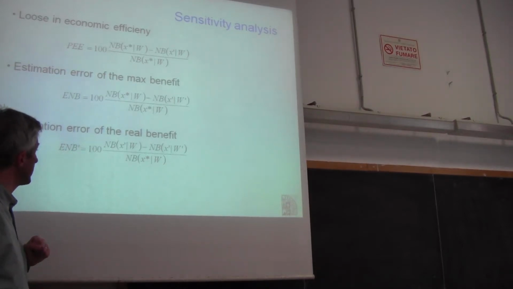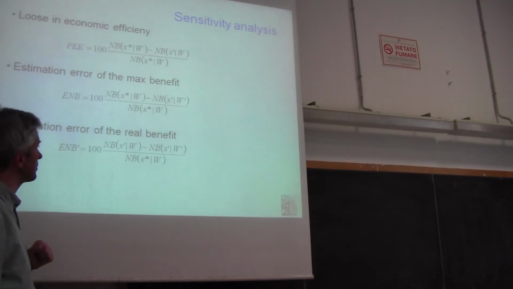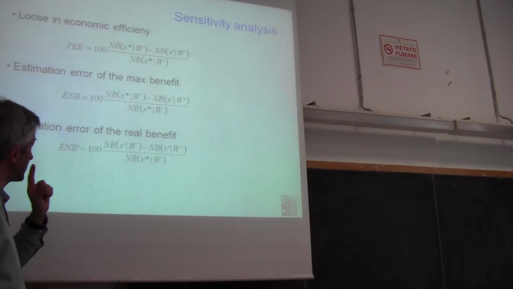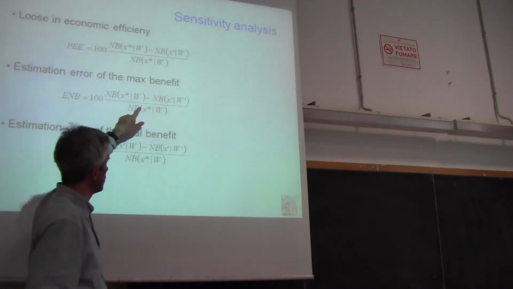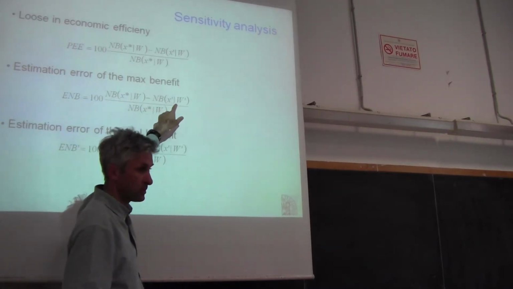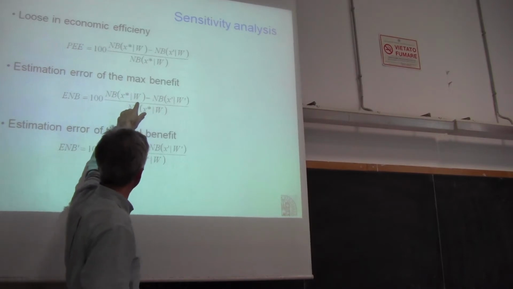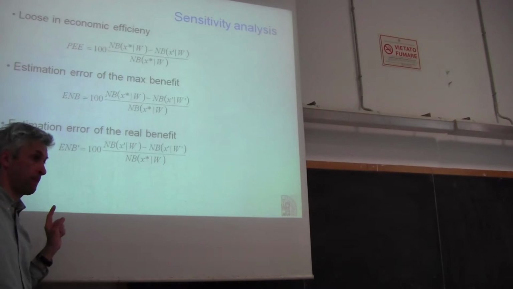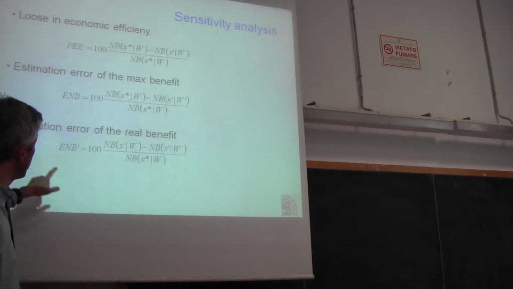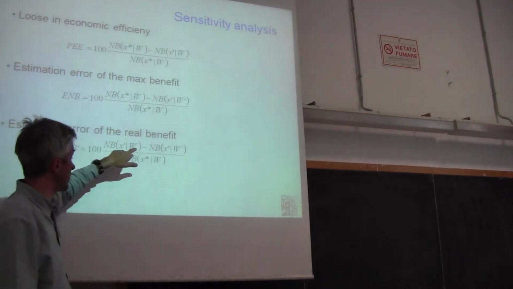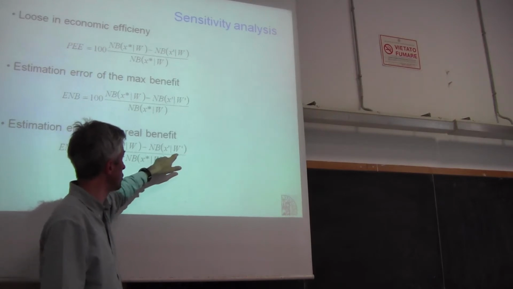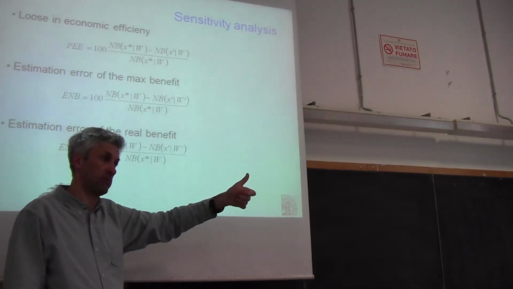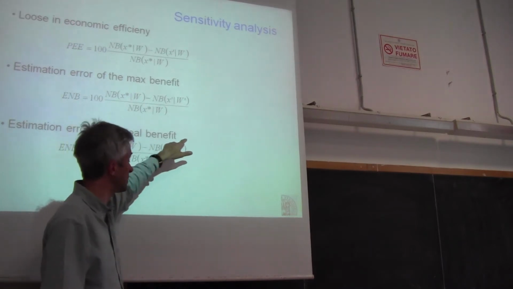Okay, and then there is one more index that can be computed. Because be careful, this refers to your computation and the optimal situation that you may take. Now there is a third computation that you can make, and you refer again to your computation, so wrong allocation and wrong parameters, this is what you compute.